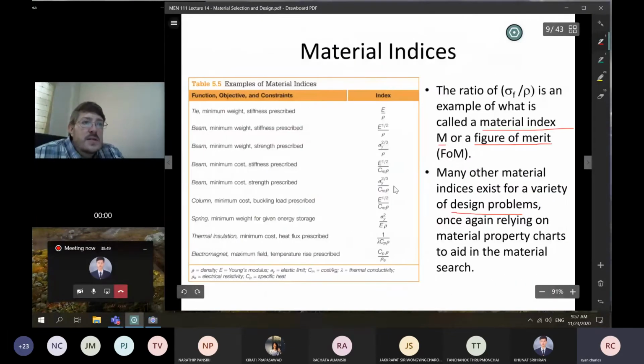There are all of these different material indices for a variety of design problems, once again relying on material property charts to help aid in the material search. So tie rods, beams, columns, so you might have a column in a bridge, minimum cost, buckling load, springs, thermal insulation, electromagnetic. All kinds of different indices with corresponding property charts.